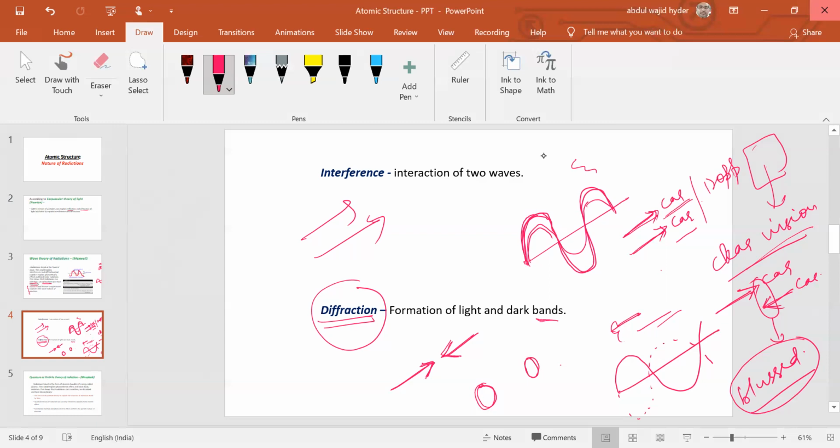But if two are moving away from each other, then the frequency of sound decreases, intensity of sound decreases. Is it okay?